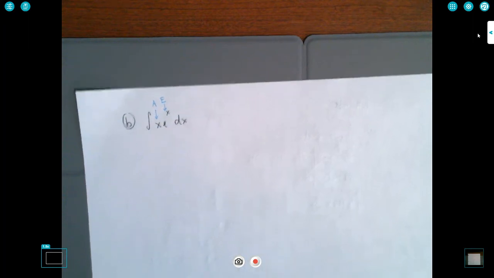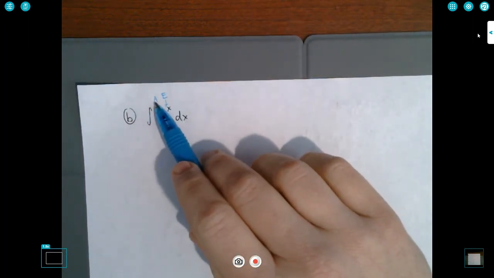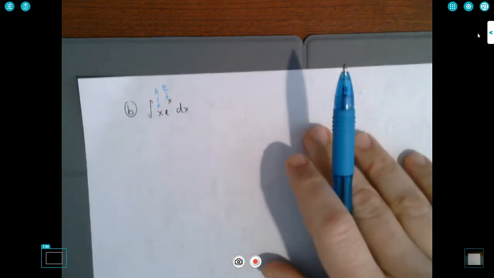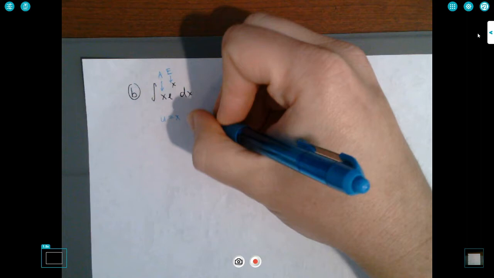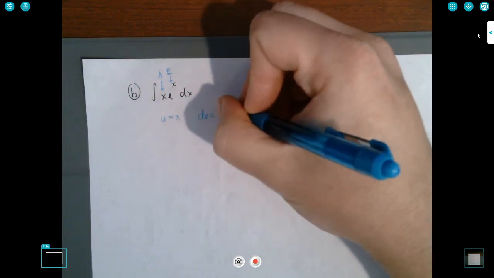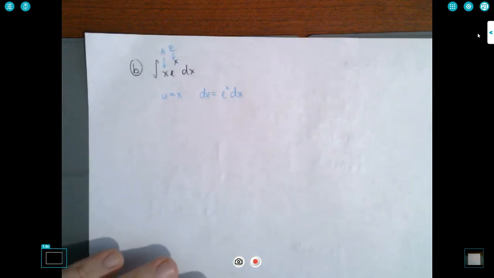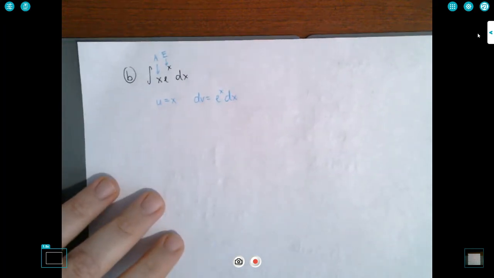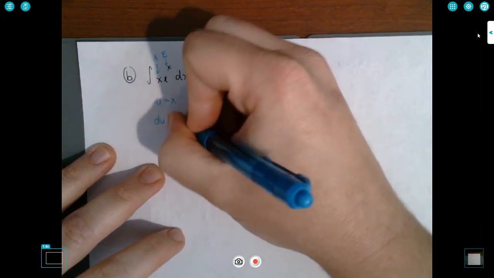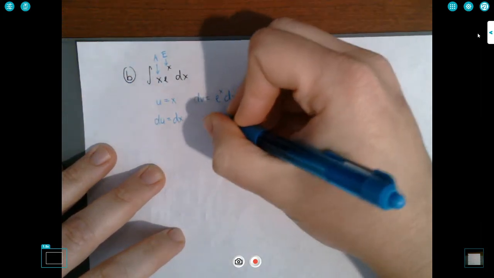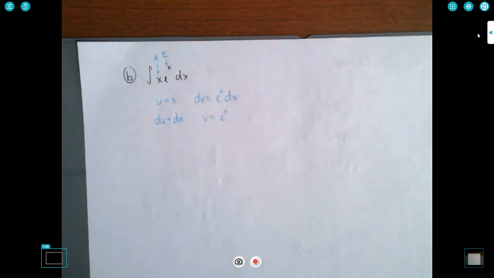So if you're thinking about LIATE, A comes before E, so we should let u be x, and that means dv is going to be e to the x dx. Okay, so then you differentiate. du is dx. v is just, well, integral of e to the x is just e to the x, so that works out pretty nicely.